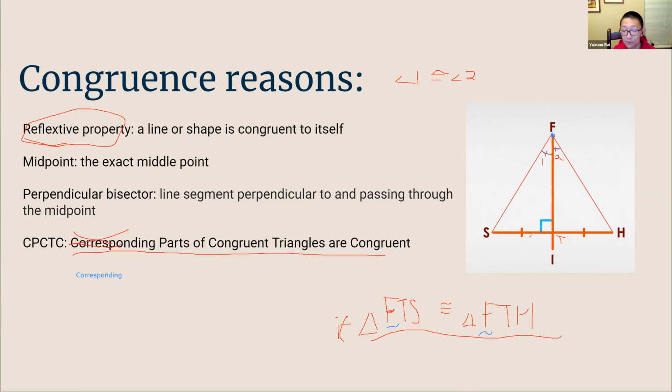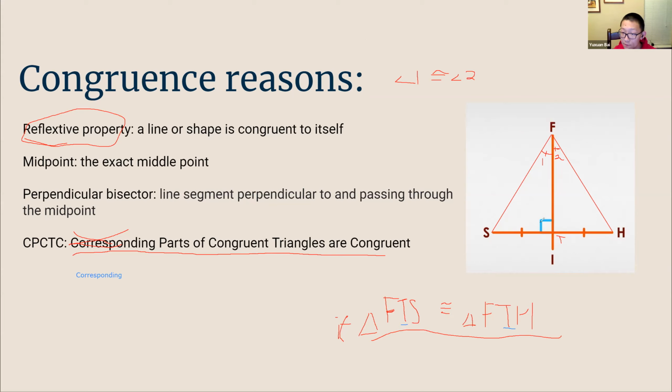Next, we can look at T right here. They are both the second letter when writing out the congruence for the two triangles, which means they are corresponding.